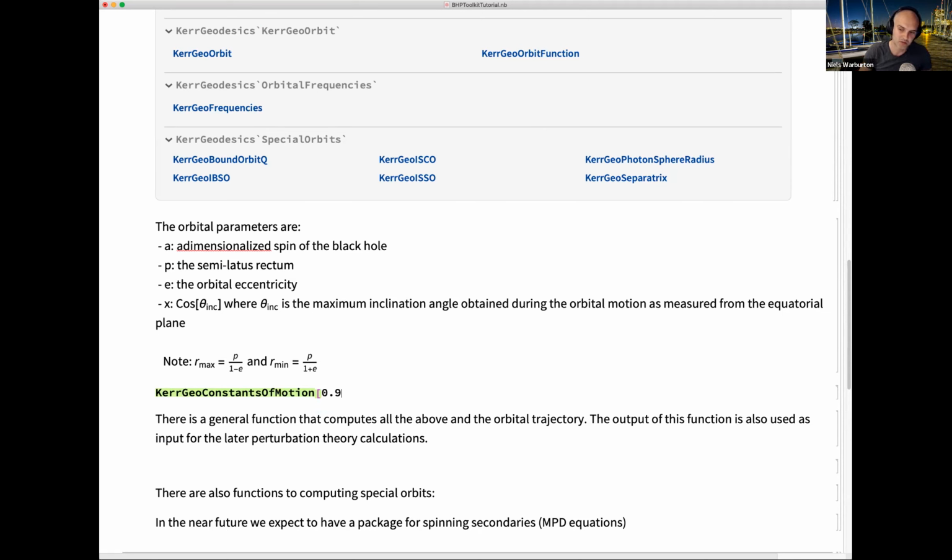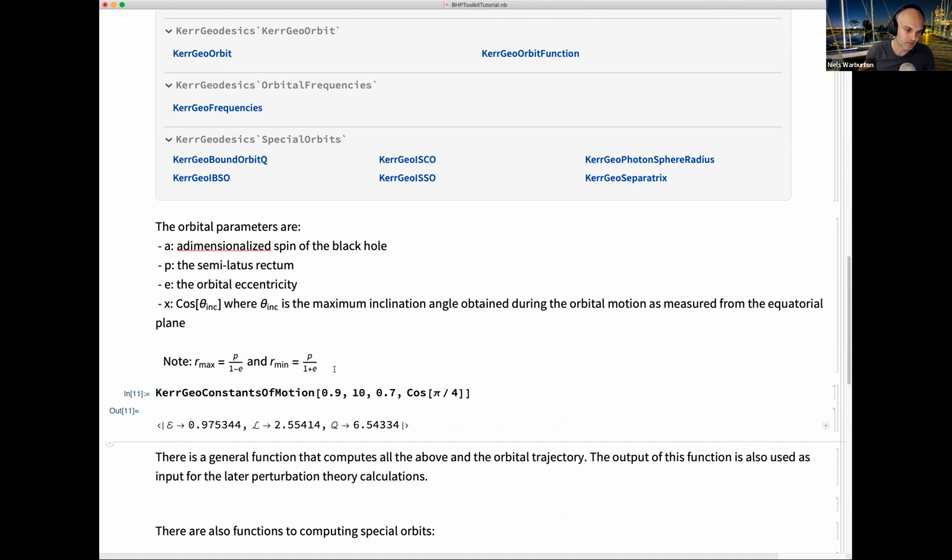So black hole spin of 0.9, semi-latus rectum of 20, eccentricity 0.7, and some inclination angle, roughly 45 degrees, let's say. And that will return the energy, angular momentum, and Carter constant, all appropriately evaluated for that particular set of numerical values.